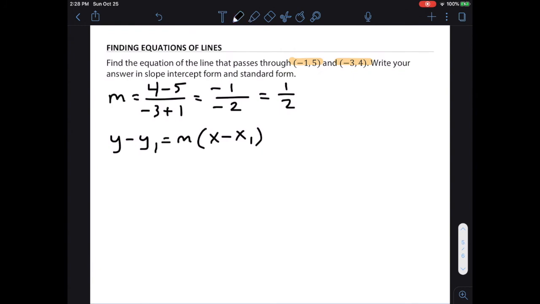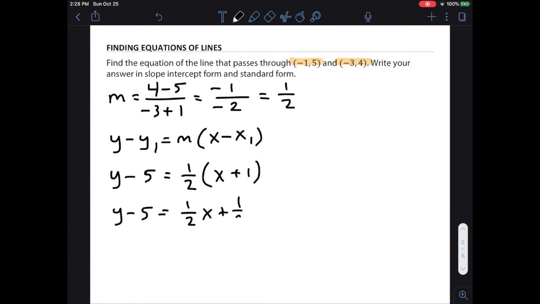So I'm going to say, all right, I have y minus 5 equals 1/2 times x, and it says x minus -1, so that's going to be x plus 1. Okay, so I'm going to distribute the 1/2, so I have y minus 5 equals 1/2 x plus 1/2.